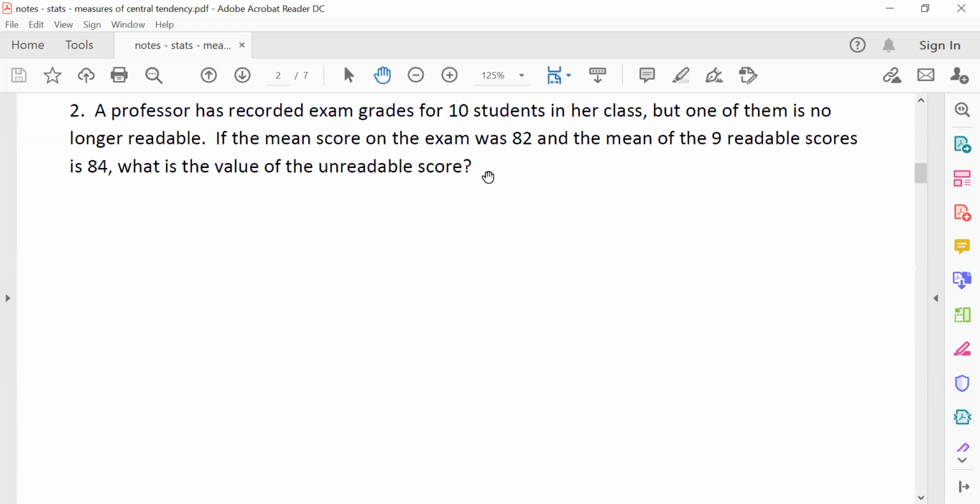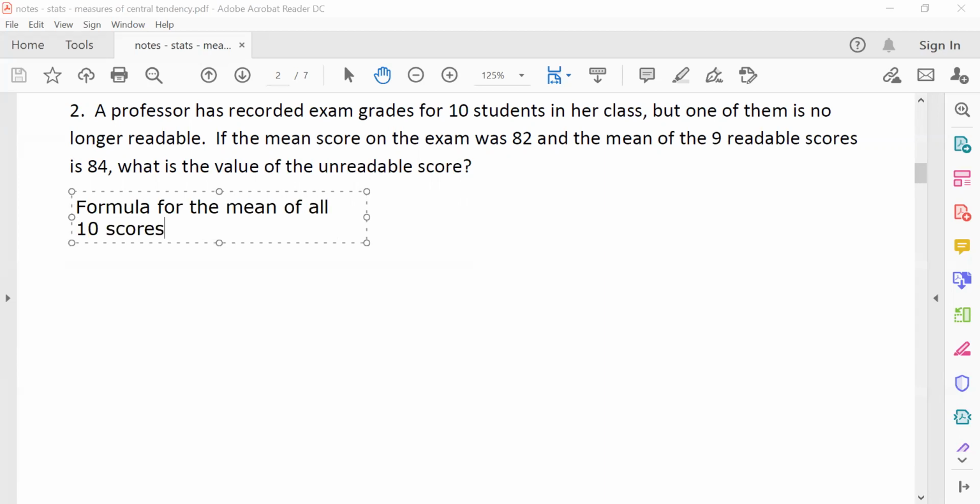Okay. So we're missing our 10th score. That's all right there, Pilgrim. Let's see what we can do here. Let's see the formula for the mean of all 10 scores.